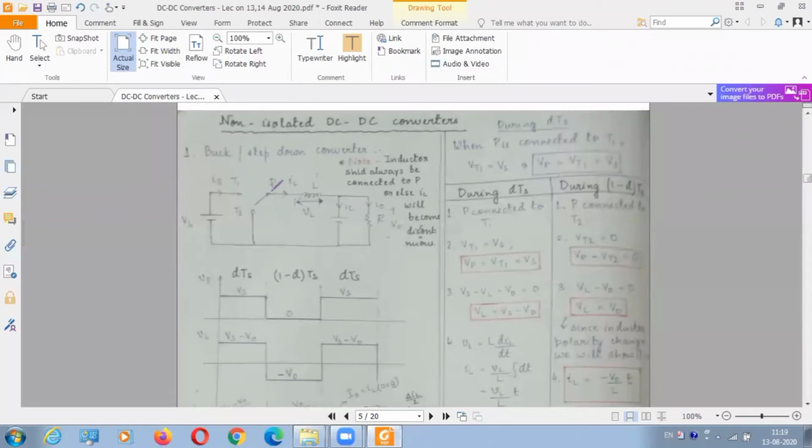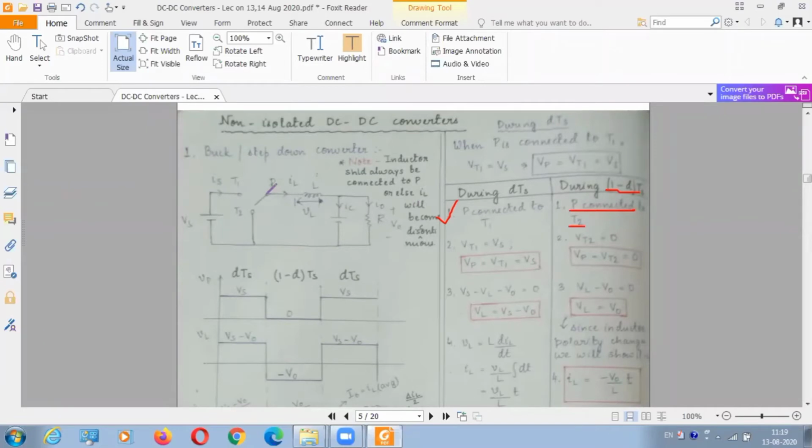We studied two periods previously, T on and T off. In the T on period, P will be connected to T1, and during the T off period, P will be connected to T2. So P is connected to T1 during DTS or DT, whichever you want to write, and during the T off period, P is connected to T2.